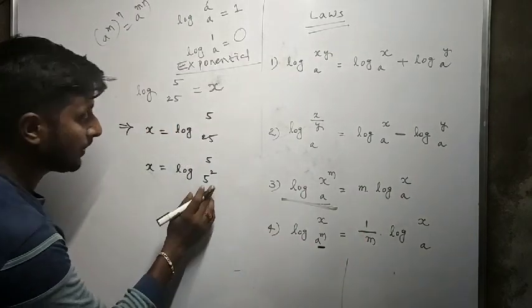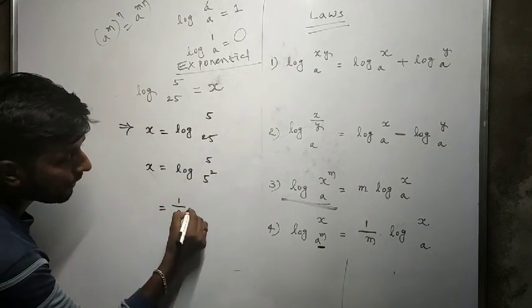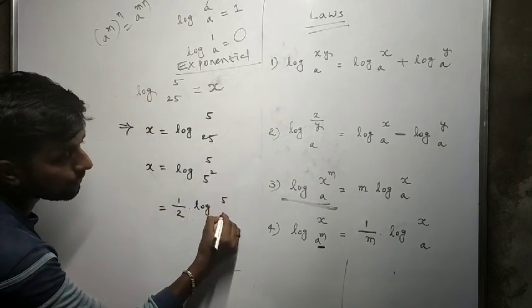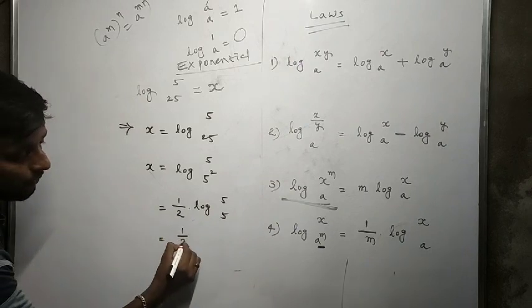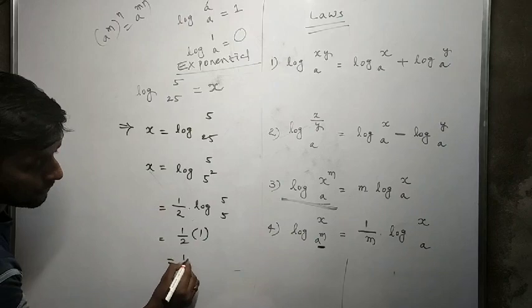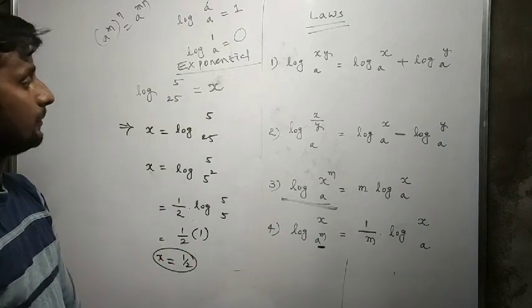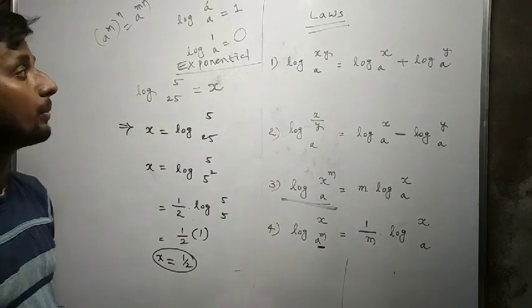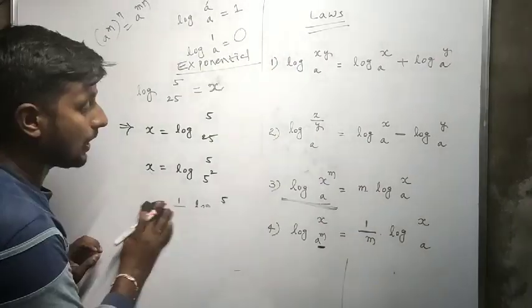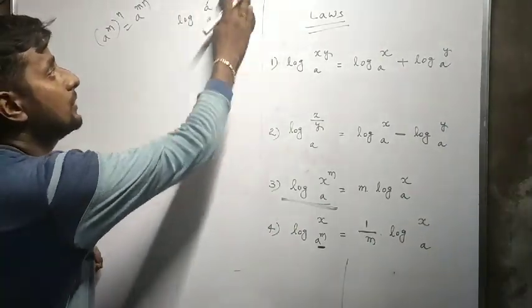So here I'll write m value 2. So 1 by 2 into log 5 to the base 5. When the base and the number are the same, the answer is equal to 1. So overall x value is 1 by 2. Correct? So these are the ways to solve problems using exponents or logarithms.